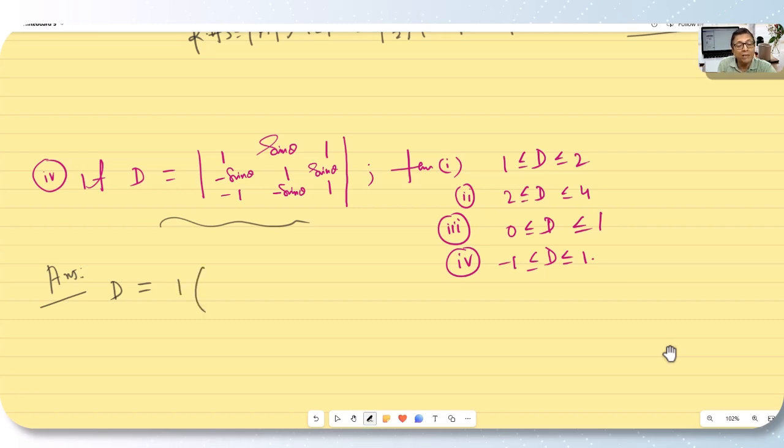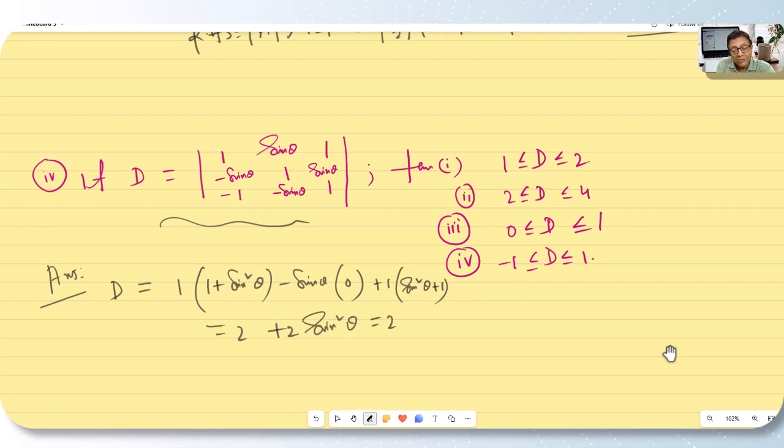Better you expand. 1 plus sine square theta, then minus sine theta into 0 plus 1 into sine square theta plus 1. This is going to be 2 plus 2 sine square theta. 2 sine square theta is 1 minus cos 2 theta. So it is 3 minus cos 2 theta.